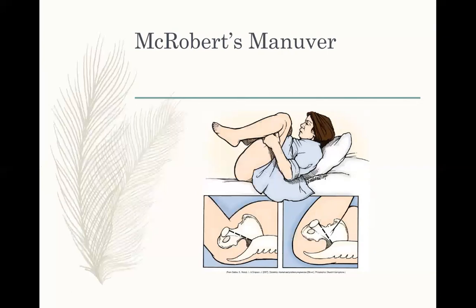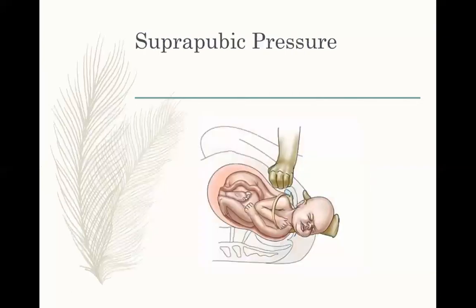If McRoberts doesn't work, we're going to move on to suprapubic pressure. Now, suprapubic pressure is an intervention that actually requires a physician's direction. So me as the nurse cannot choose to do suprapubic pressure. The way that usually works out is we've done McRoberts, mom's pushed.